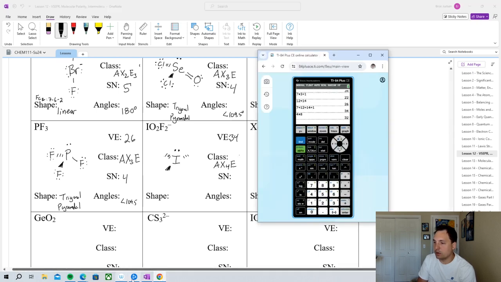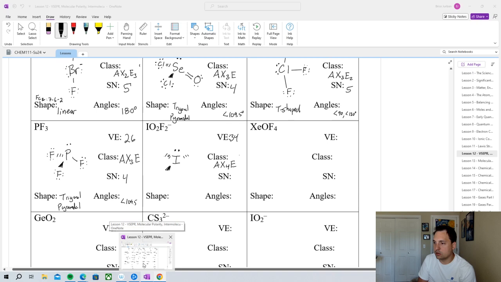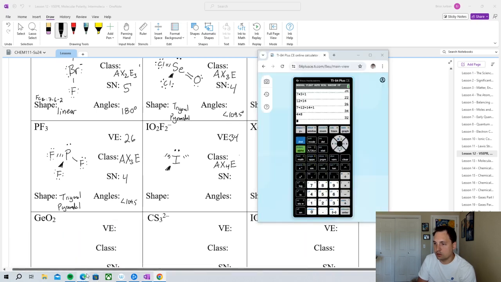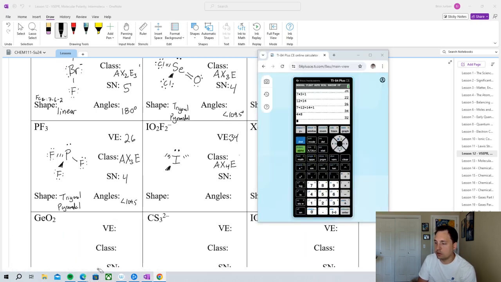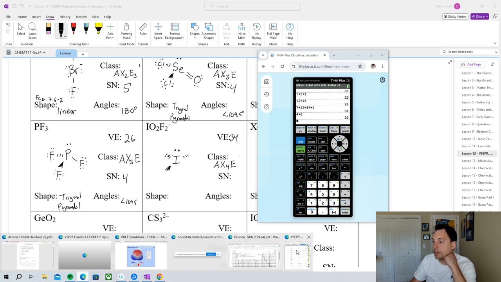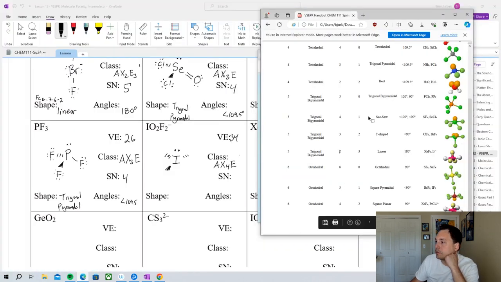Did I say square pyramidal? That's wrong. It's not that. Where is it? 4 and 1. Is this seesaw? Yeah, it's a seesaw.